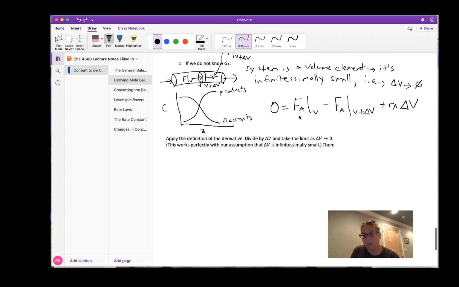So basically what I can do here to get this into derivative form, differential form, is divide by delta V and take the limit as delta V goes to 0.